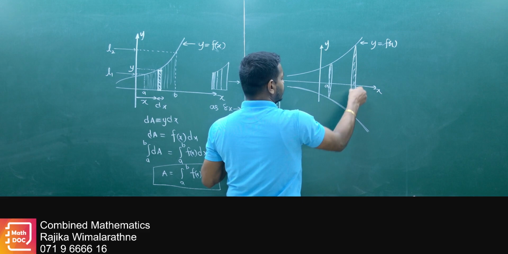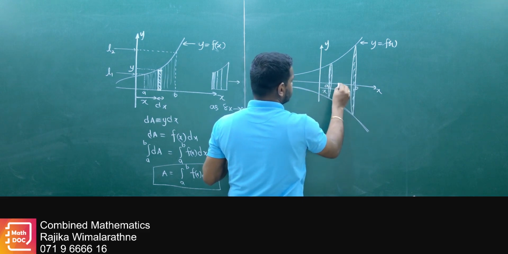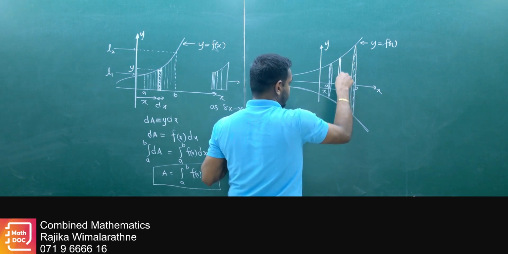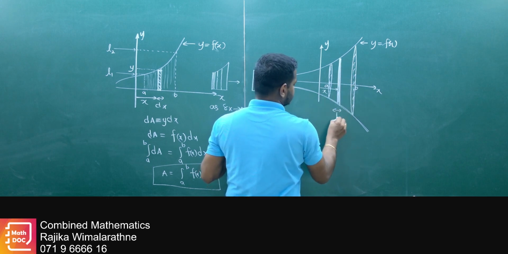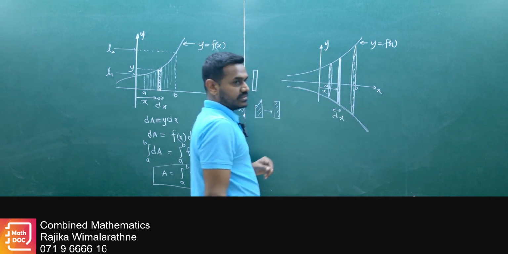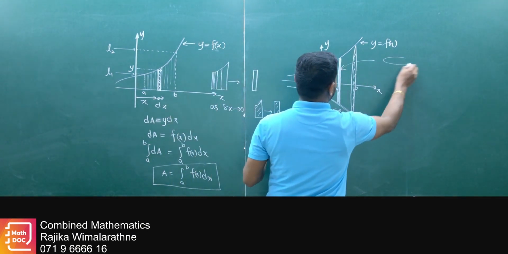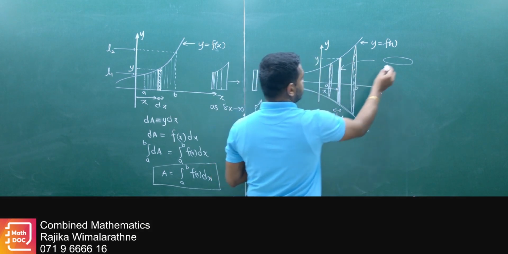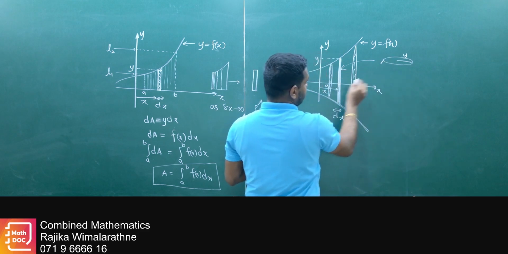Take an x distance and cut a small part with thickness dx. If you separate that one, the diagram is like this, with radius y and thickness dx.